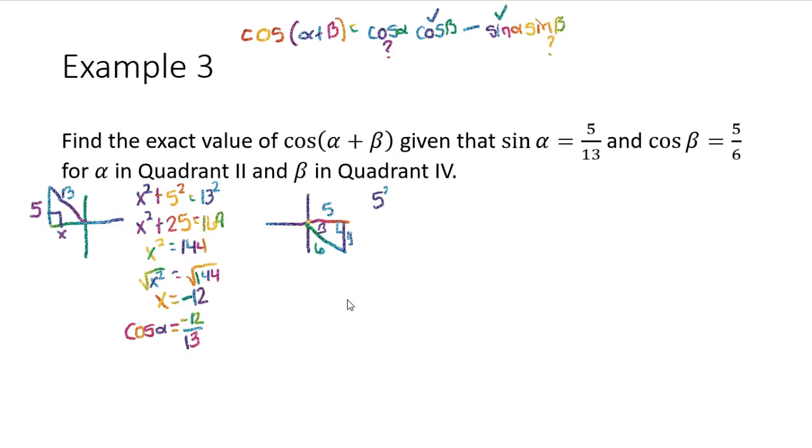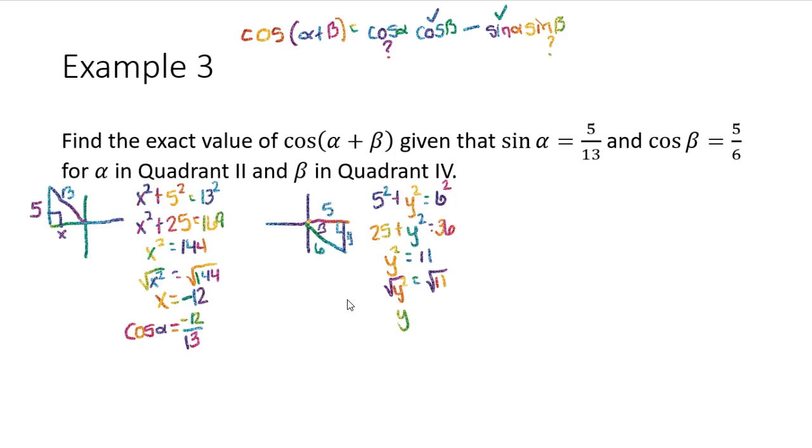We'll have a squared plus b squared equal to c squared. That gives me 25 plus y squared equal to 36. Now we'll subtract the 25 over here. We have y squared equal to 11, and we'll square root both sides.